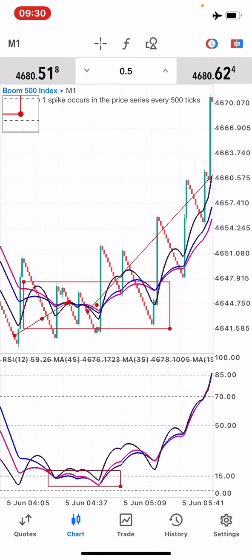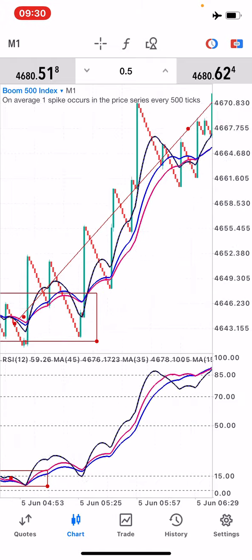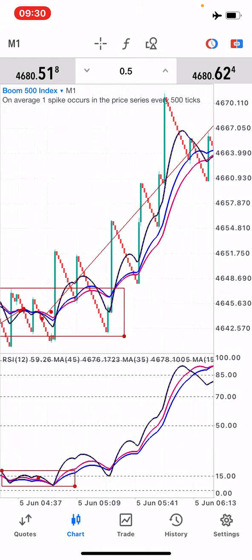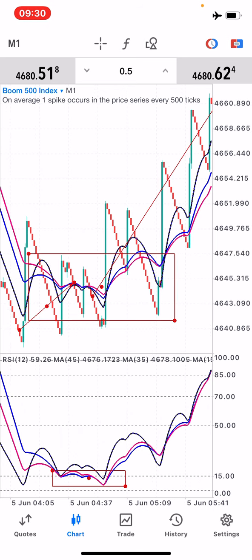Basically, I'm going to need to look and see if my lines are below level 15. If they are below level 15, as you can see, I'm going to start placing buy trades, right? And as you can see, the market went all the way up from that point with just 2 confirmations.